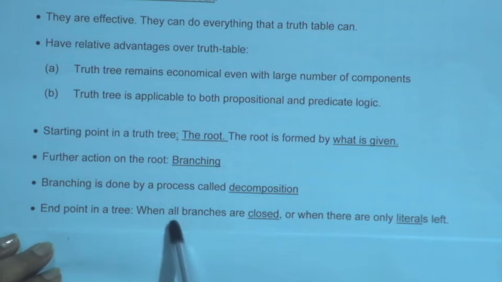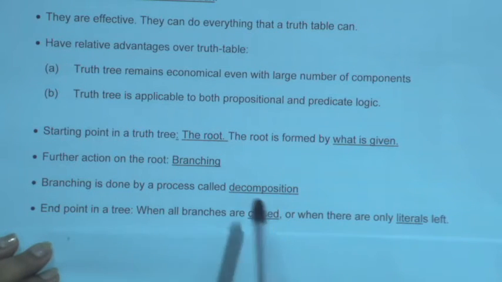If there is a starting point, what is the termination point for this procedure? And the answer is either when all the branches are closed, we will try to understand this a little later, or when there are only literals left. Both of these terms I understand you do not understand because they have not been discussed yet. So, hold it, but let me put it like this: that end point in the tree you are going to encounter when all the operations to be done are finished, all the decompositions that needed to be done are finished.